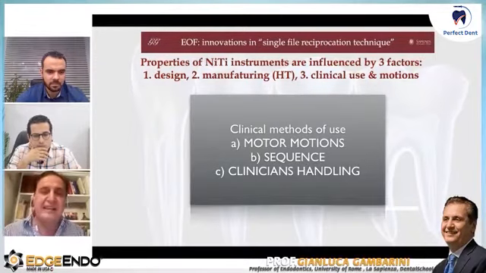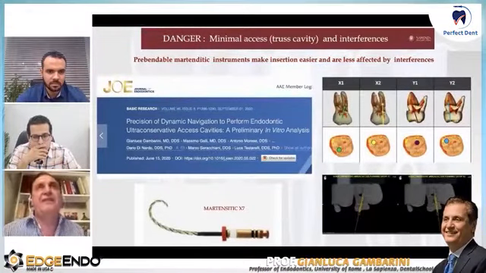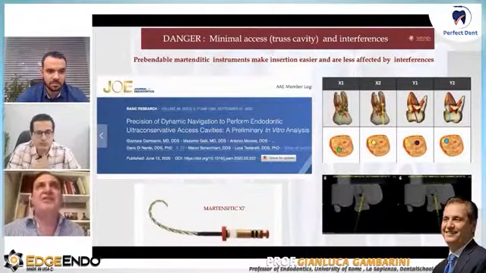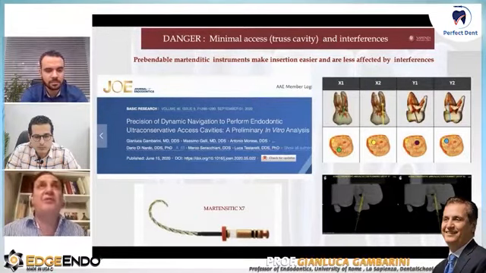But on the other hand, we have to define a few things. For example, when we do a small access cavity, we have to be aware that there is a balance between the interference and the resistance of the instrument. If you use a martensitic file that you can pre-curve like the X7, you can try to do a smaller access cavity because the instrument will be less affected.